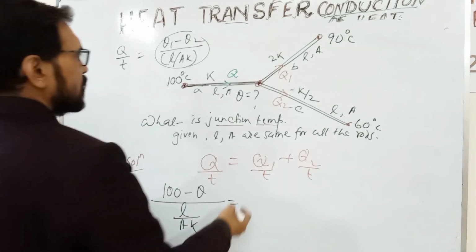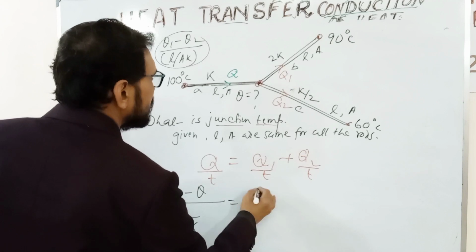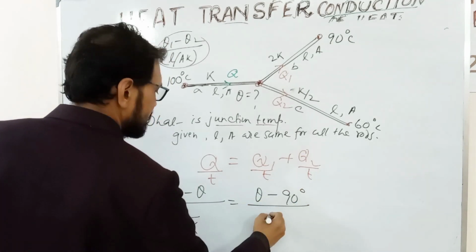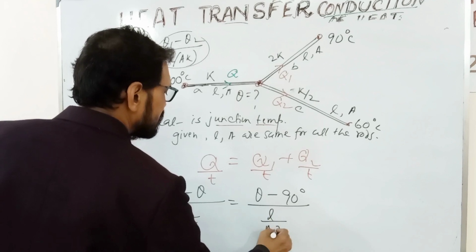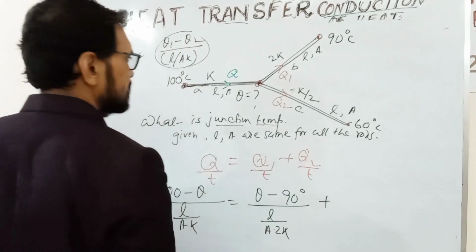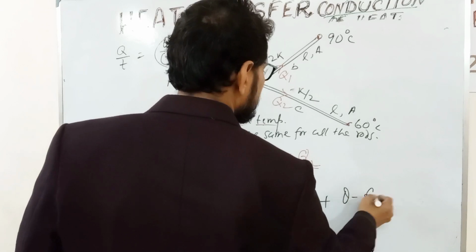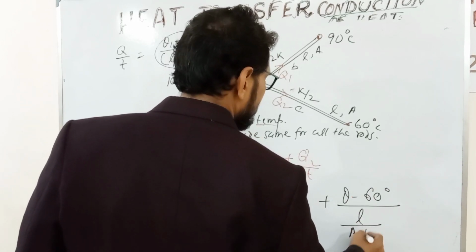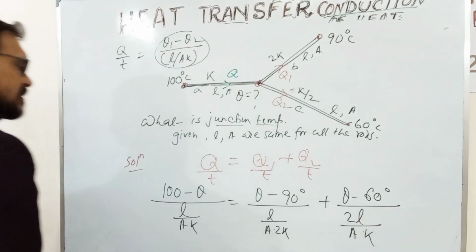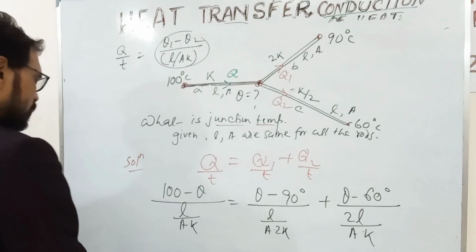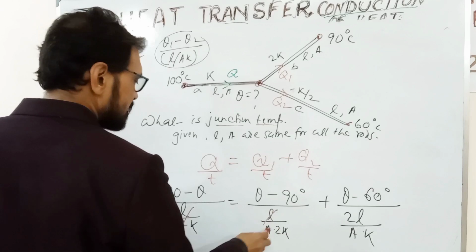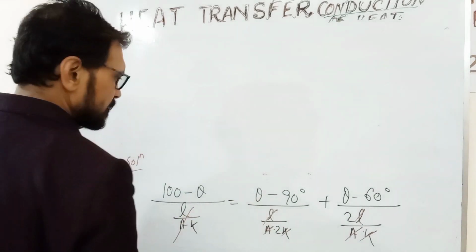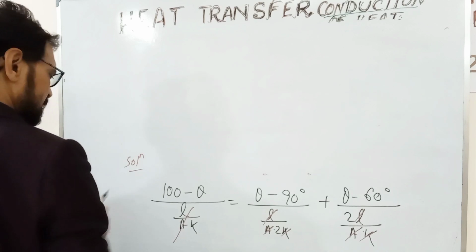Now Q1 by T equal to theta minus 90 by L by A into 2K, plus theta minus 60 by L by AK, where K is K by 2. So L by AK cancels from both sides. Solve this, you get the value of theta.